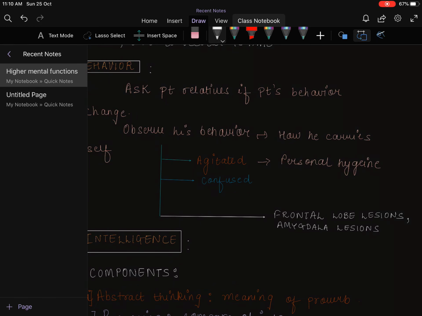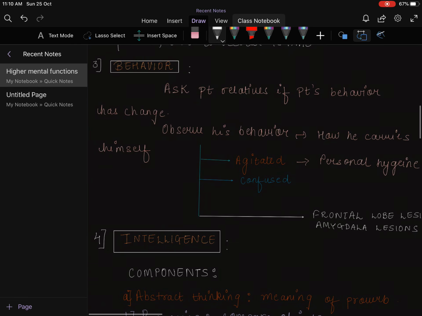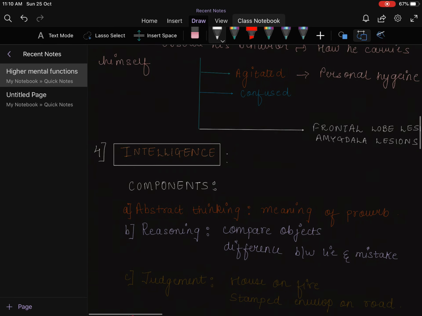The internet is full of such examples. You can go through them and read if you really like to know how frontal lobe lesions change the behavior of the patient, and also amygdala lesions.